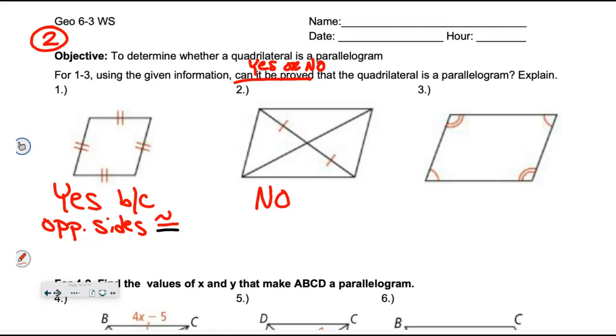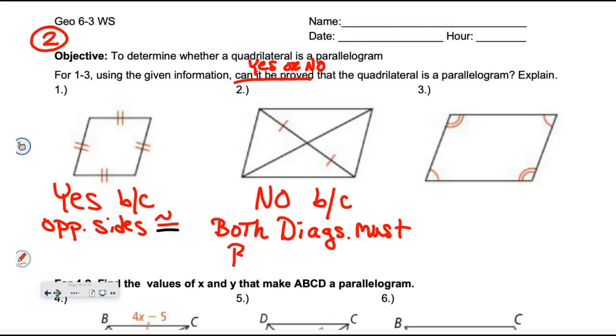Yes? No? All right, what is it about it? What are you going to say? No, because what? Both aren't marked. Yes. All right, no, and then we'll do because. Both, I'll just use that, diags, I'm just going to abbreviate it a little bit, must get bisected.